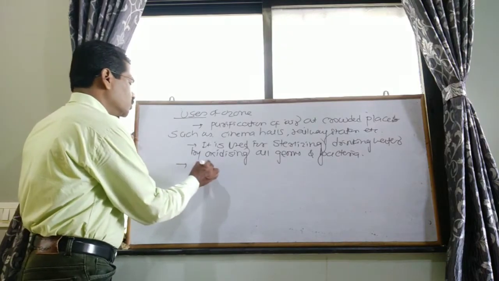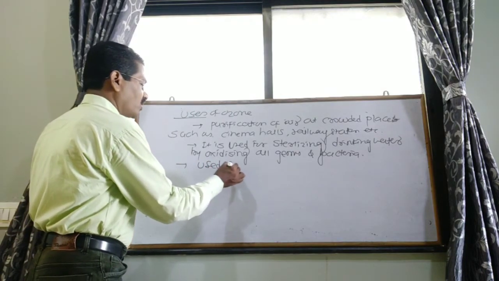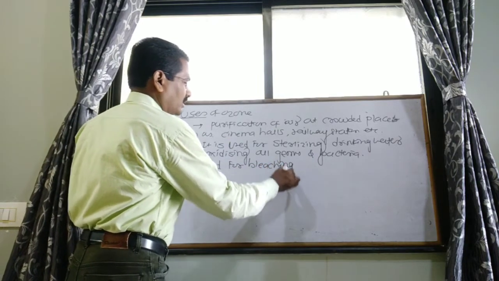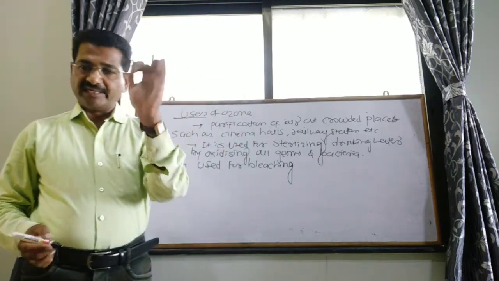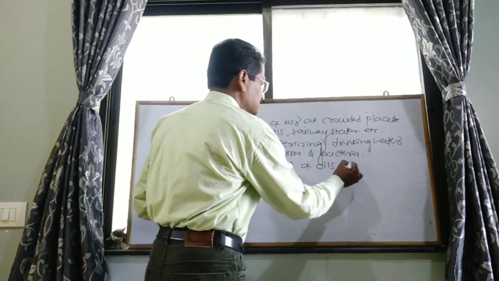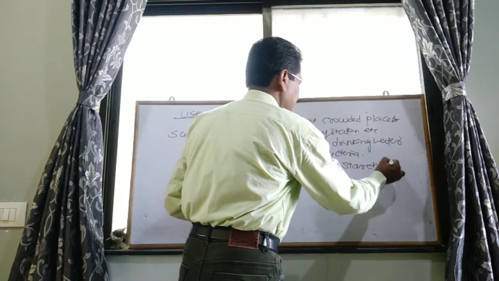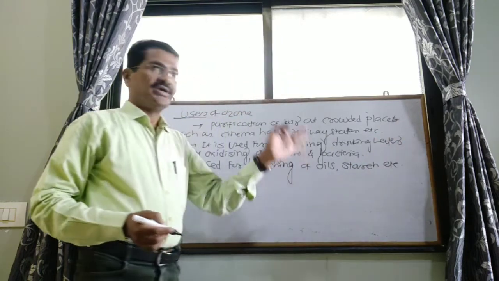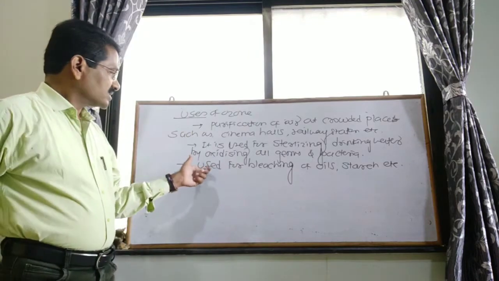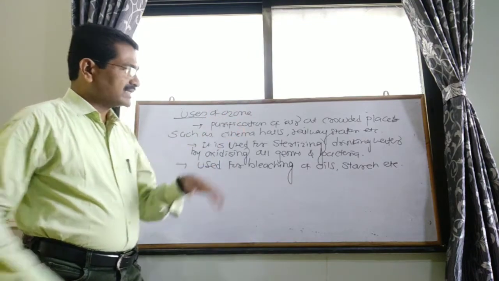Third, it is used for bleaching. It is used for bleaching of oils, starch, etc. Oil and starch can be bleached by using ozone, or silk.